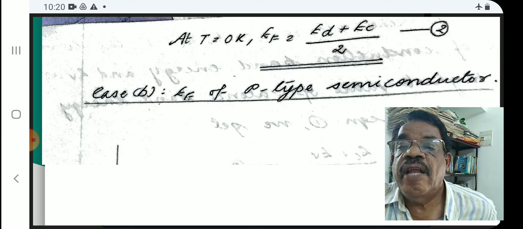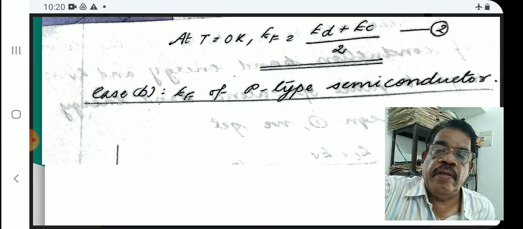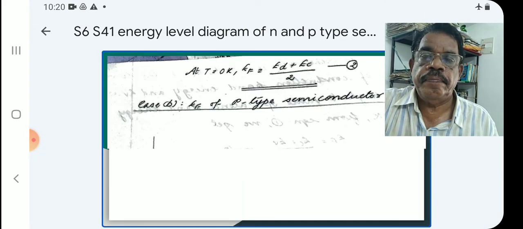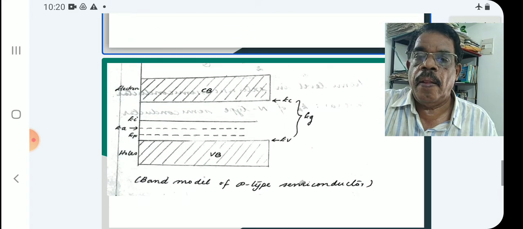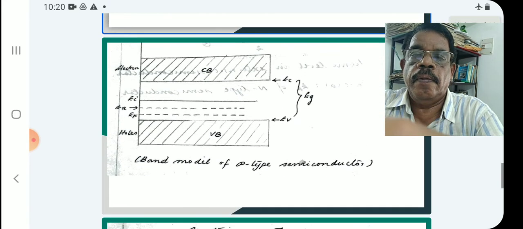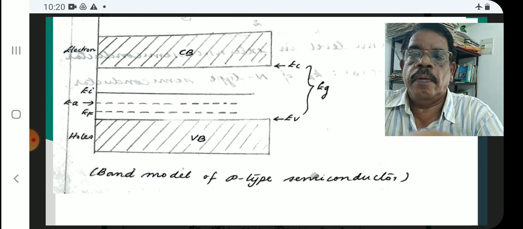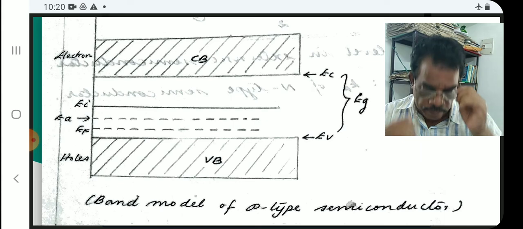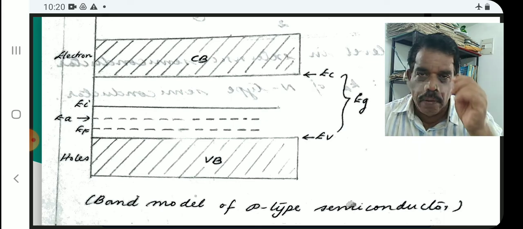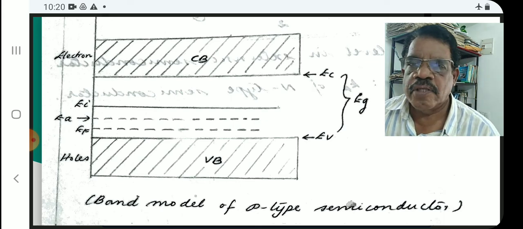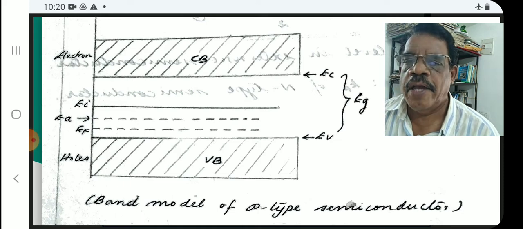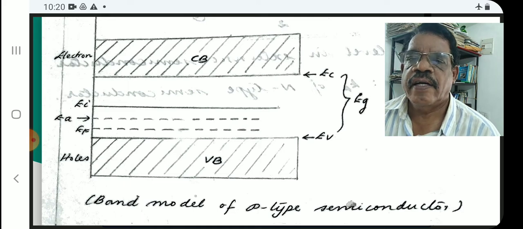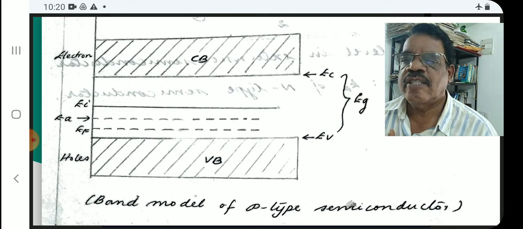EF, the Fermi level of P-type semiconductor. You see the diagram, conduction band, valence band. The gap is marked. EC is the lower side of the conduction band. EV is the upper side of the valence band.